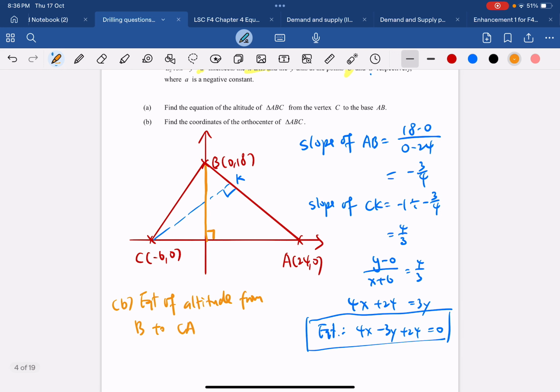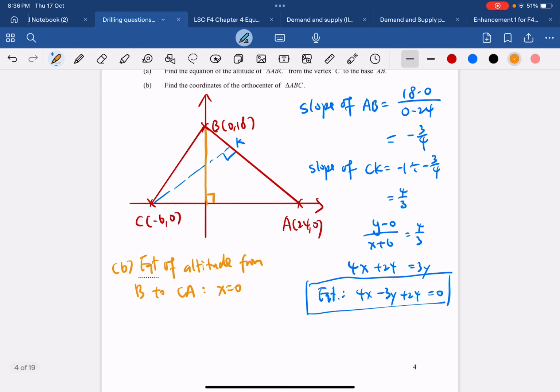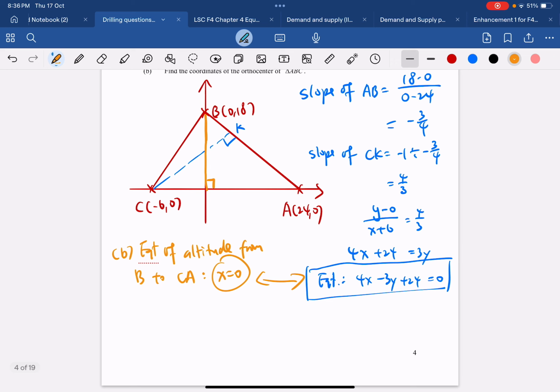Oh, this is easy. Why? Because you can see it's a vertical line, right? What's the equation for this? Actually the orange line is just the y-axis. So the equation would be x equals 0, right? So now we've got the equations for two altitudes. So do a simultaneous equation.